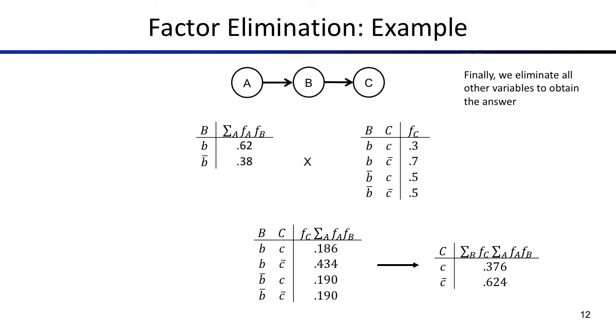In this final step, we sum these two entries here that have the value true for C, and these two entries here that have the value false for C, and we get this final factor here that's going to be our answer. So this is the probability of C, that was our initial objective.